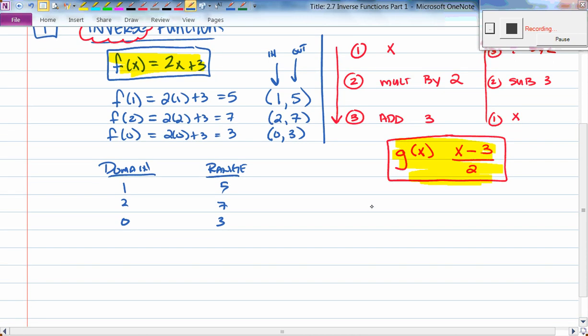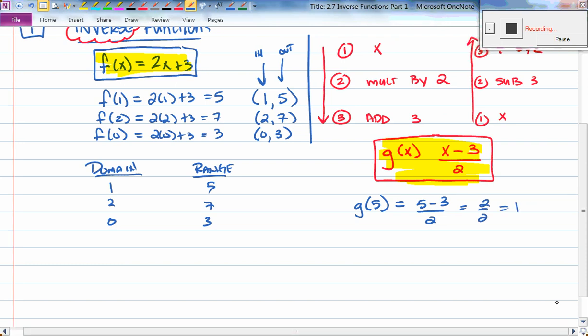So check this out. What would g of 5 be? Well, that would be 5 minus 3, all divided by 2, which is 2 over 2, which is 1. So the point that I get here is (5, 1). You agree with that? Okay. What would g of 7 be?